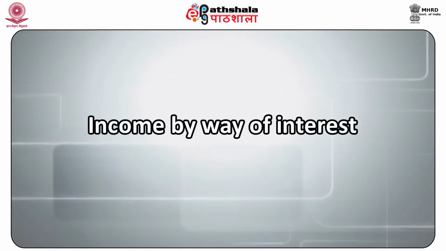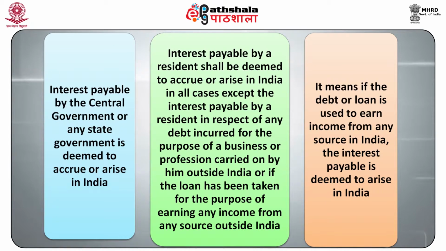E. Income by way of interest. Interest income of the following types is deemed to accrue or arise in India. First, interest payable by the central government or any state government is deemed to accrue or arise in India.